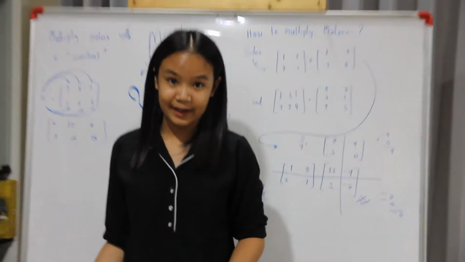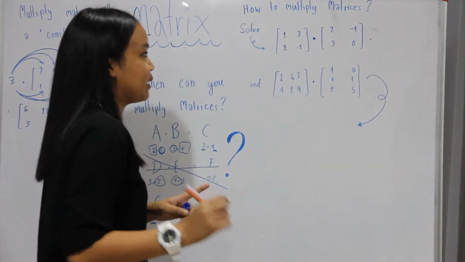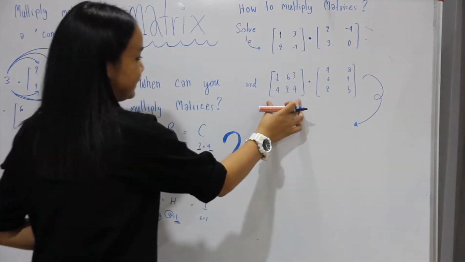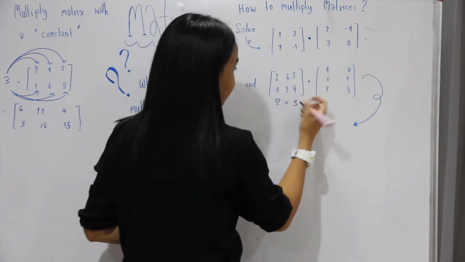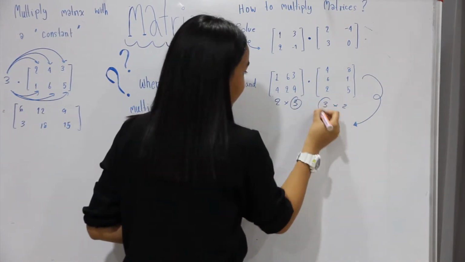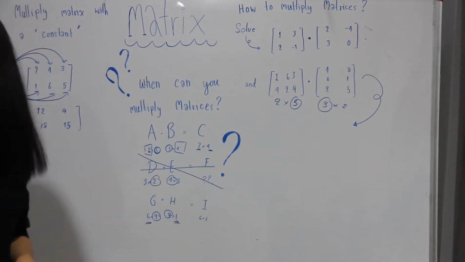Alright, easy enough, right? Let's try another one. Let's have a look here. What I want to do first is check, because it's not like a simple identity like that. What I see here is that I got 2 rows and 3 columns, and 3 rows and 2 columns. My columns here and my rows here are equal, so I can multiply that.